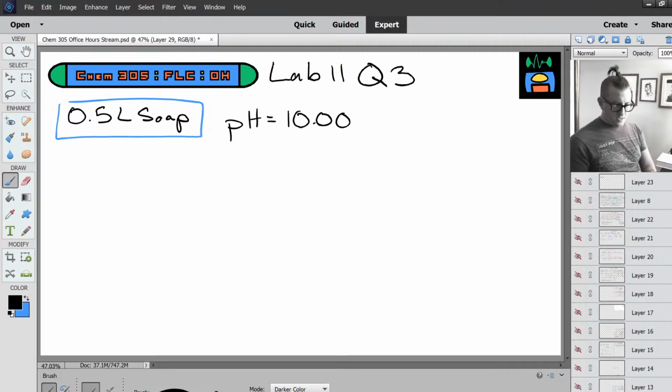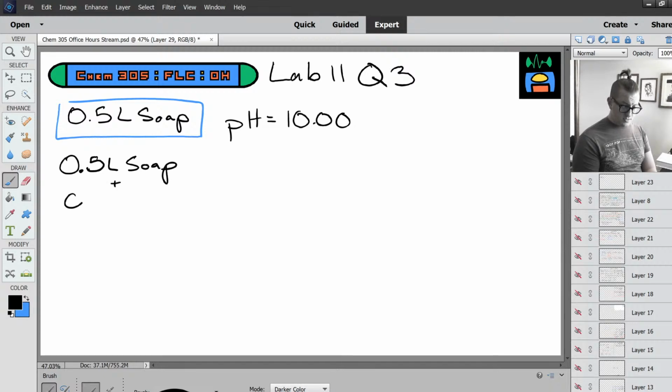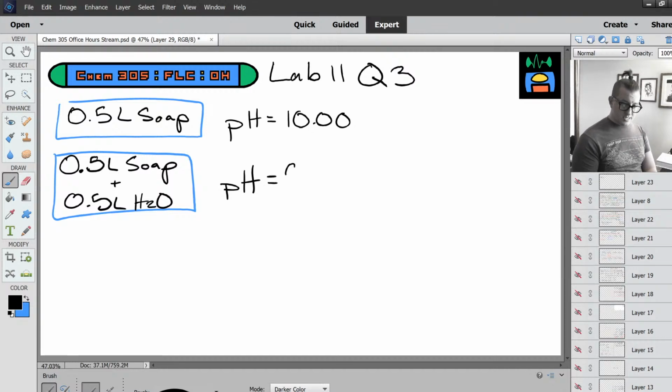That's our pH after half a liter of soap is added, and then we have 0.5 liters of soap plus half a liter of water. And here the pH is 9.65.